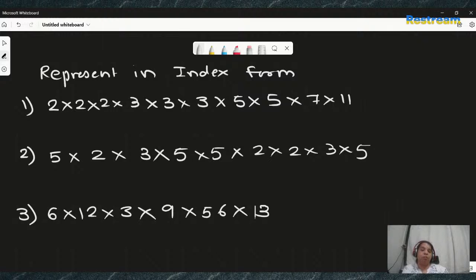So these are the numbers that we have to write in index form. I will give you about 5 minutes to do this, and then we will solve it, or I will solve it for you.